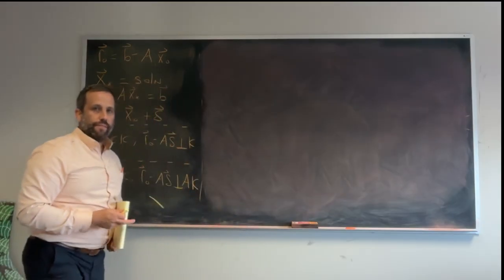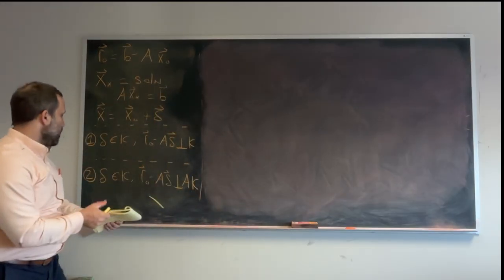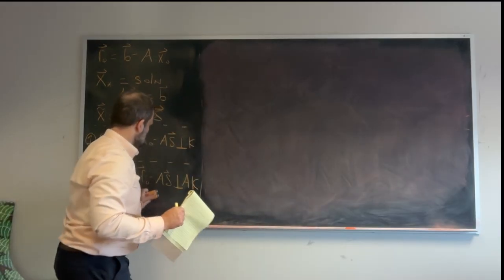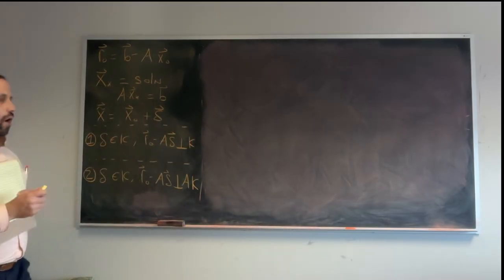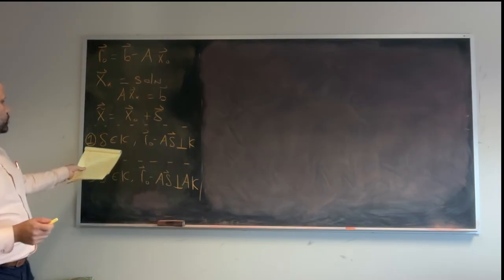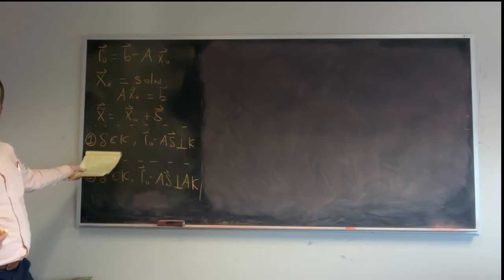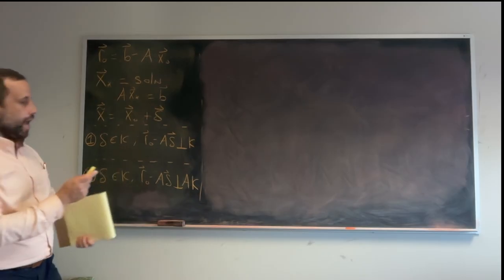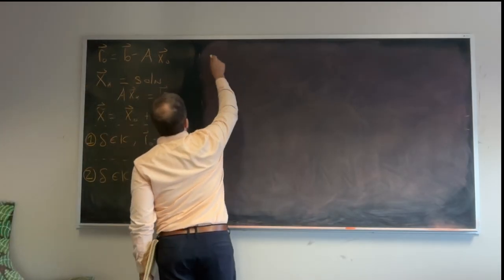Now we're going to have a proposition that shows why item 1 here is going to give us a good approximation. This is, I think, proposition 5.2 in the book.